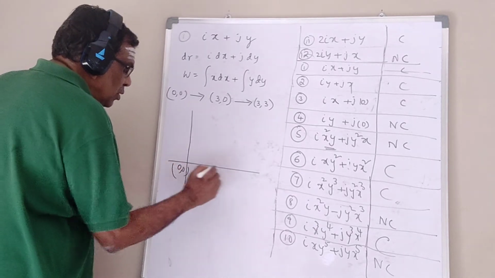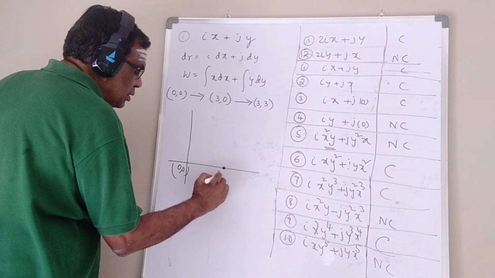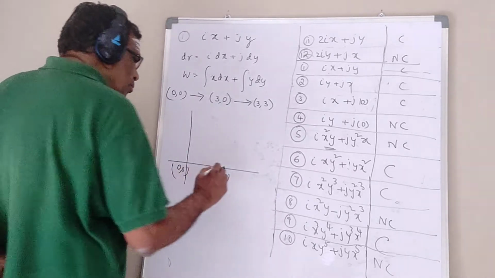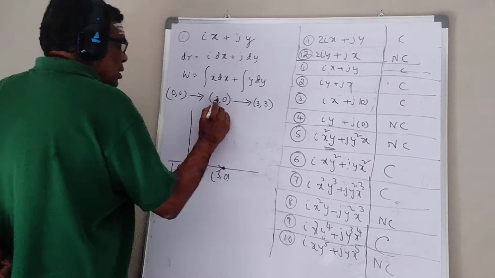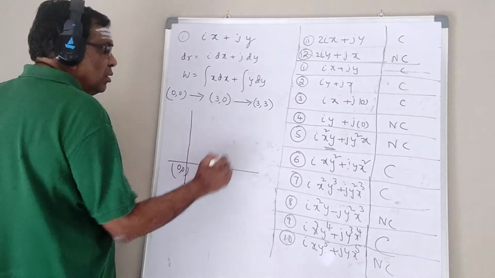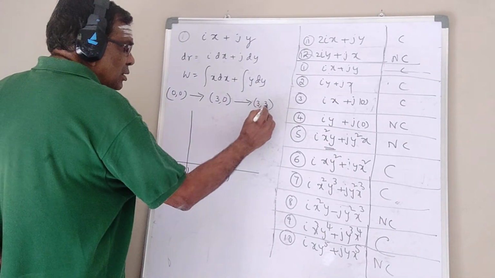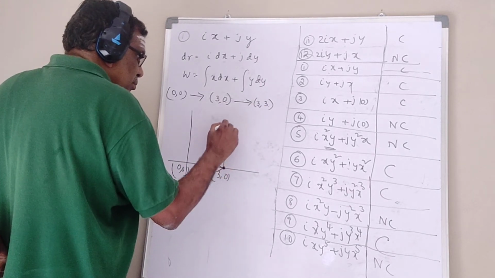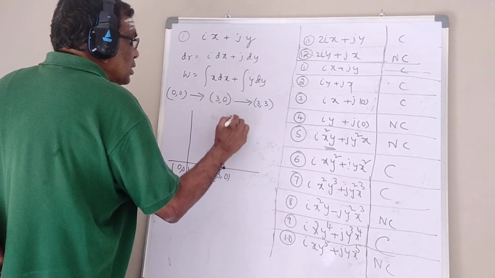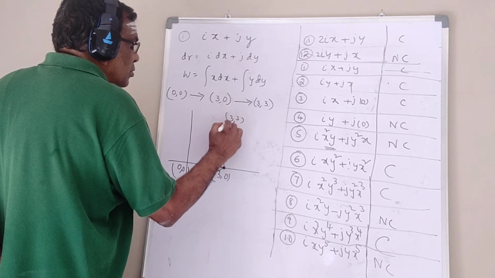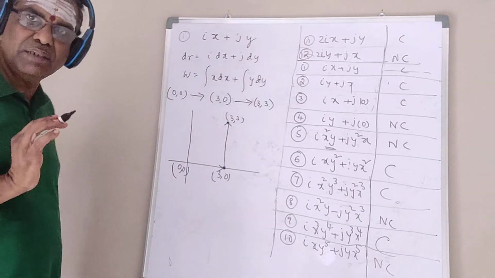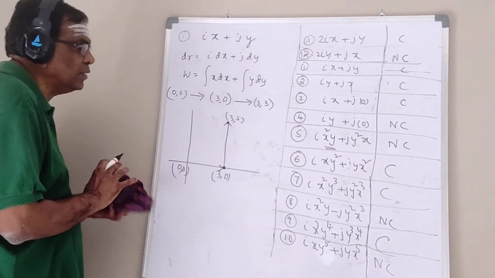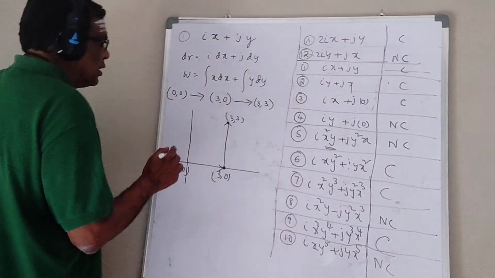From (0, 0) to (3, 0) is the first path. The second path is where x is 3, x is constant, and y goes from 0 to 3, so this is (3, 3). This is the path. Now I tell you how to get the work.